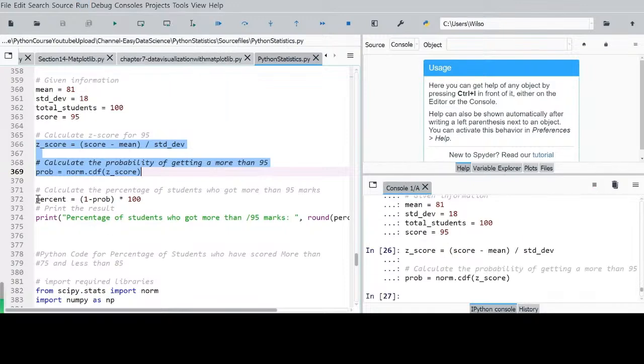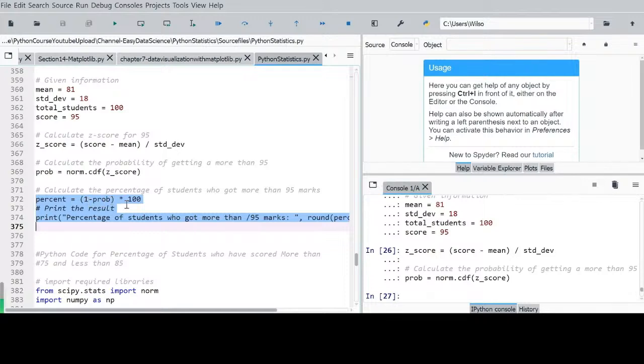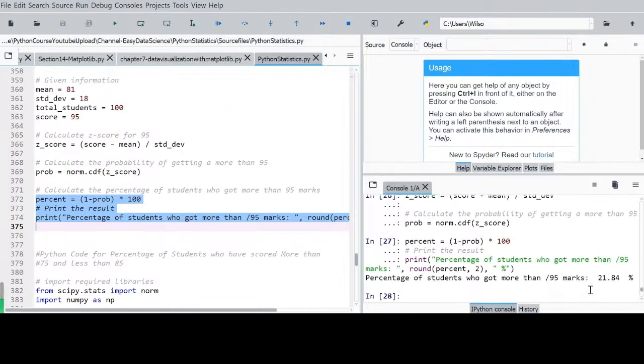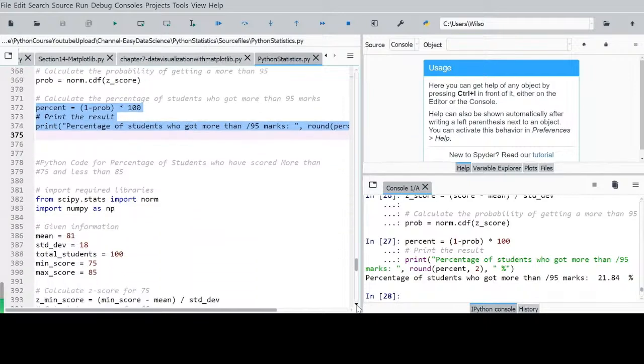Then we use 1 minus this probability, times 100. Then we get the percentage of students who get more than 95. So there are about 21% of the students who get more than 95 in score.